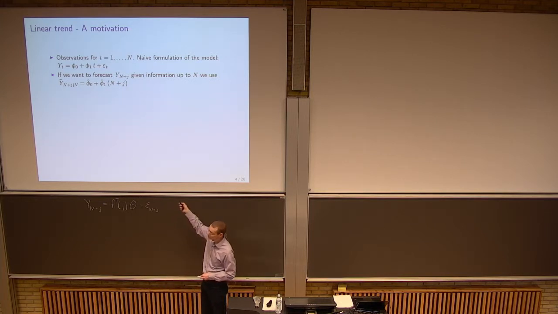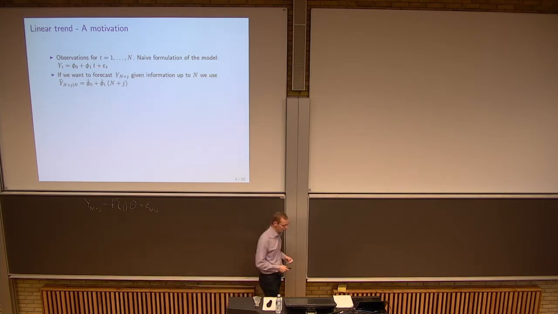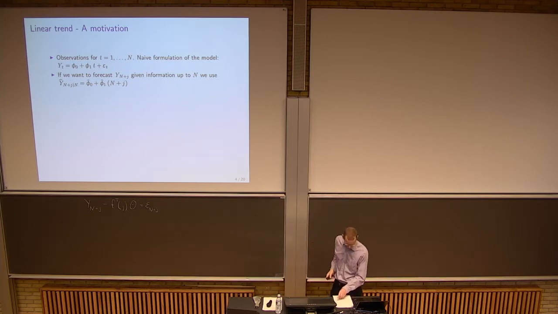Now, I don't know how many of you have done a lot of different regression models, but if we go back to how things were last week, what is it that we have up there?